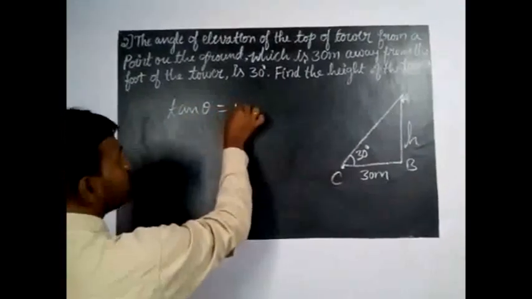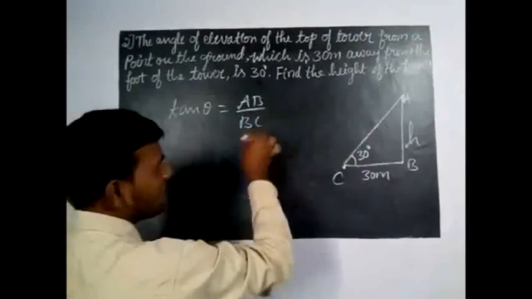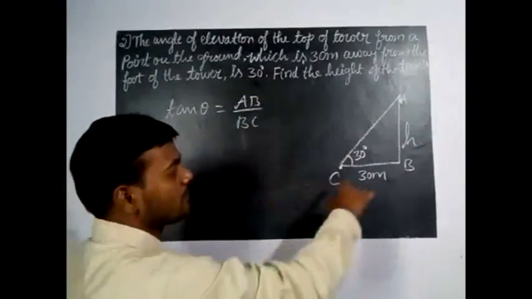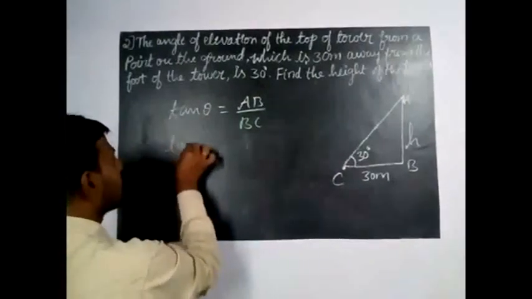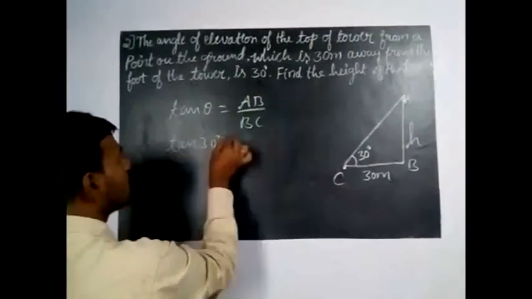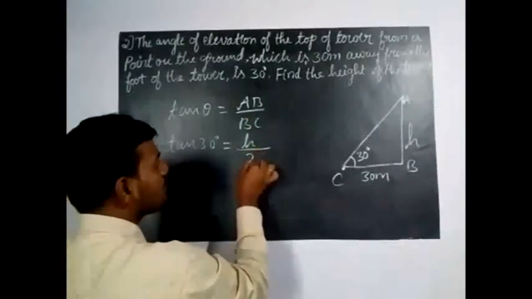Tan theta is equal to AB by BC, opposite by adjacent, related to the angle 30 degree. So tan 30 degree is equal to AB, AB is H and BC is 30 meter.